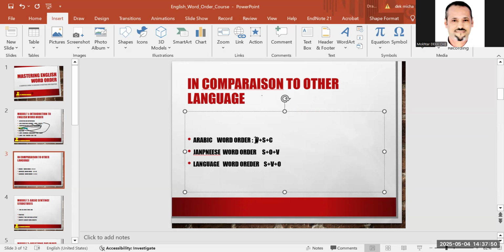In Arabic, we start with the verb. In Japanese, we start with the subject, but the subject is followed by the object. However, in English, the sentence must have the subject, followed by the verb, the object, complement, adjunct, adverbial, etc. So this is a comparison to other languages.